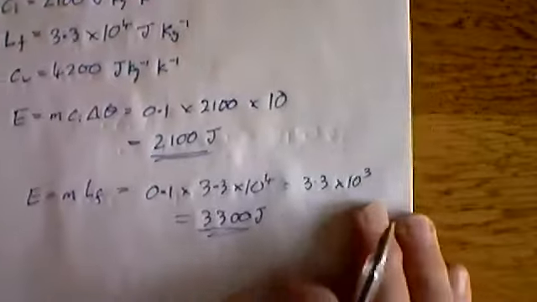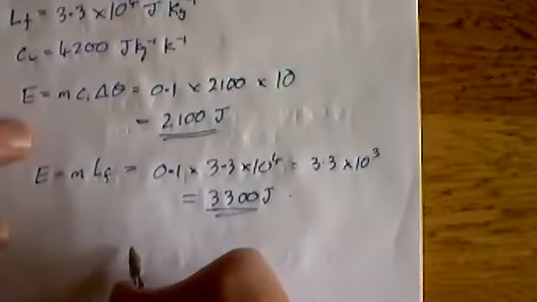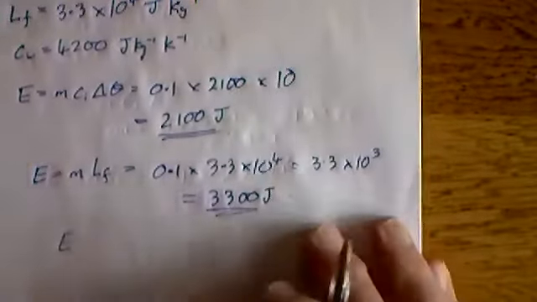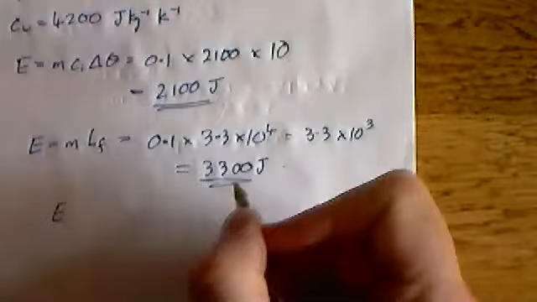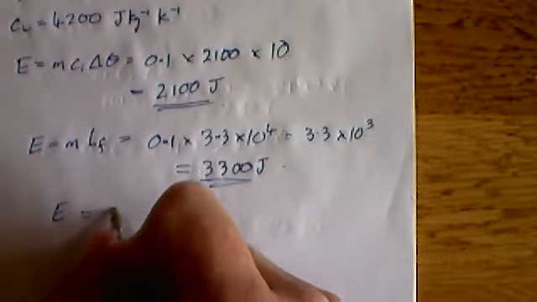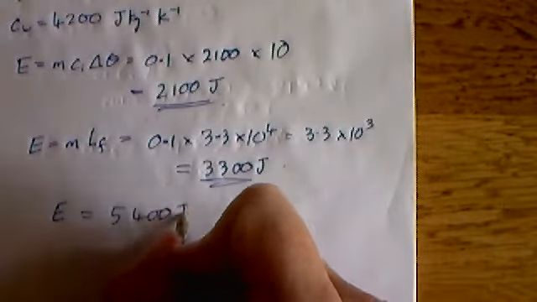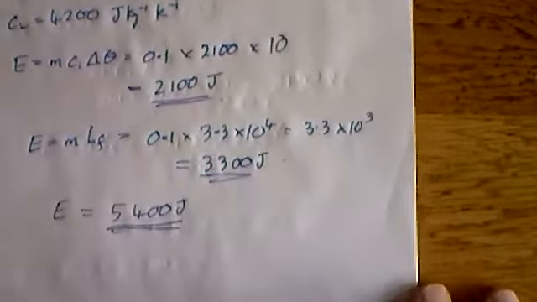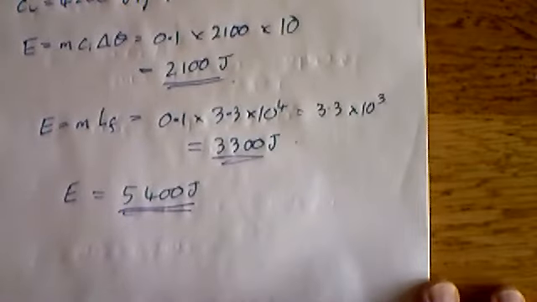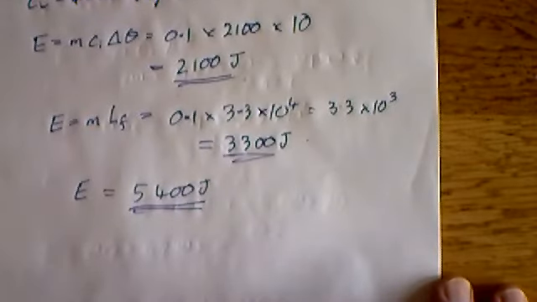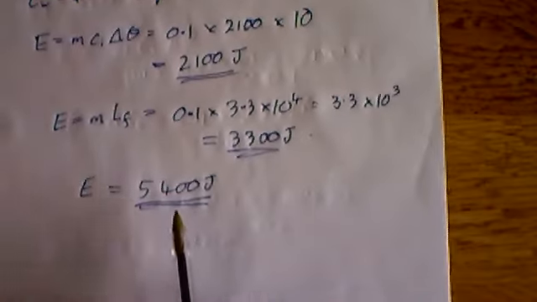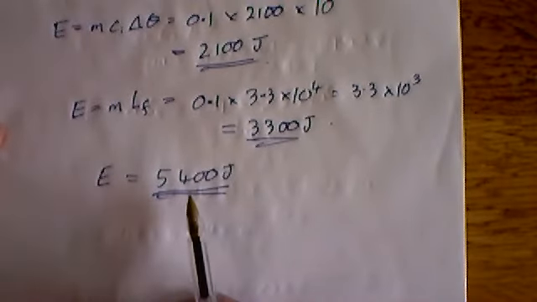Okay, so those two added together, it's going to be 5,400 joules. So that is how much energy the ice absorbs to get to water. And that's how much energy the water loses to the ice.